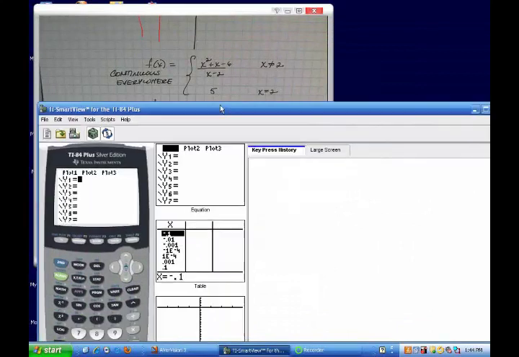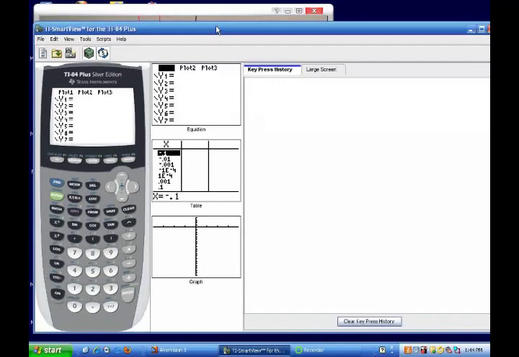Ooh, I know what I just did. I made a mess. Okay, so this is going to be x squared plus, hold on, I'm going to change it. Let's put the whole thing in here.